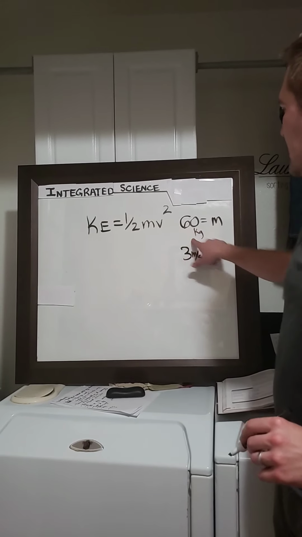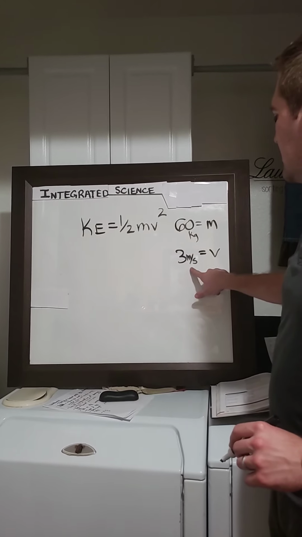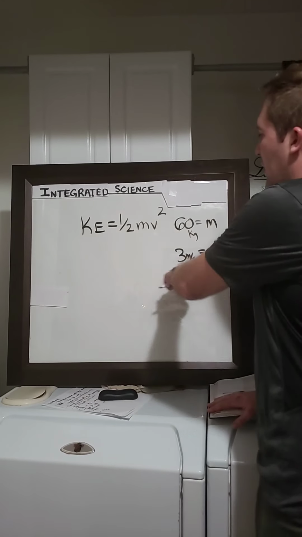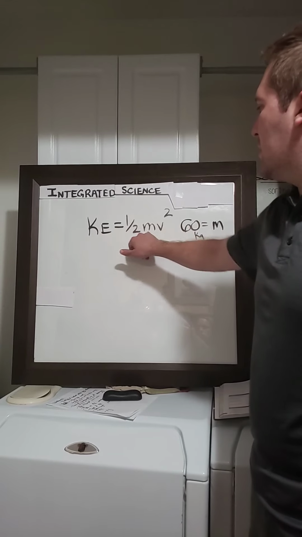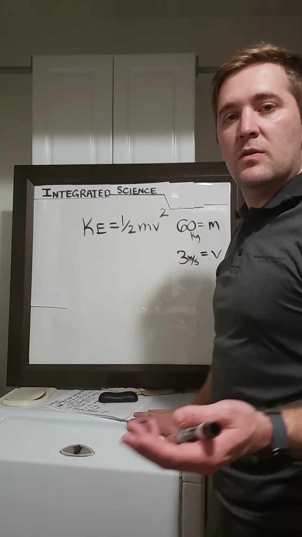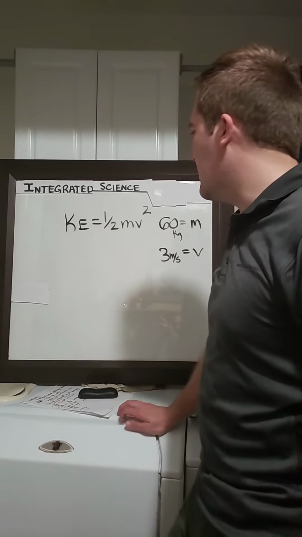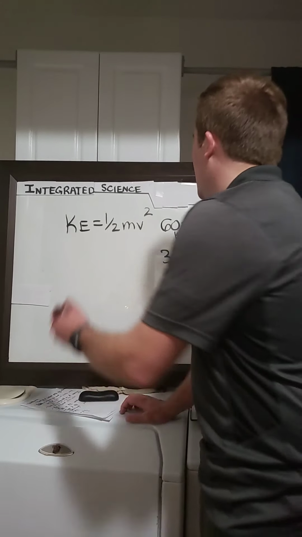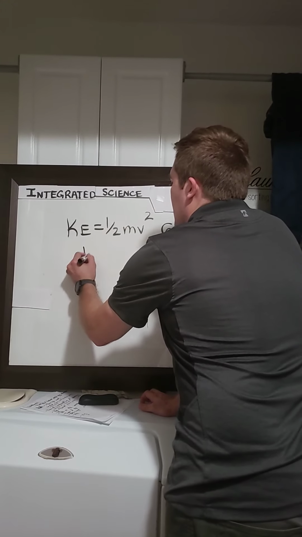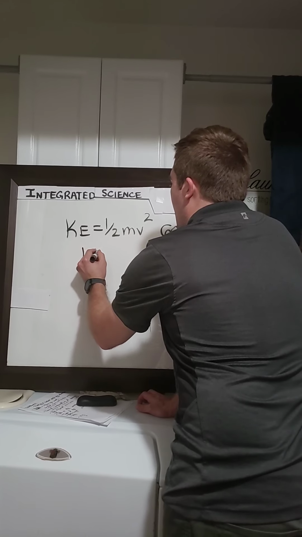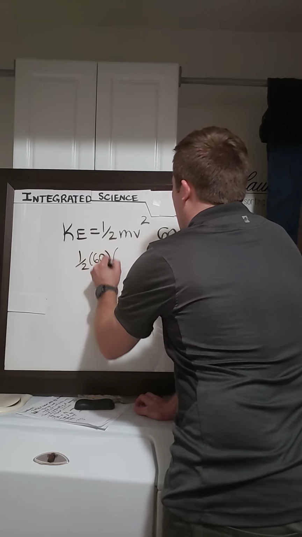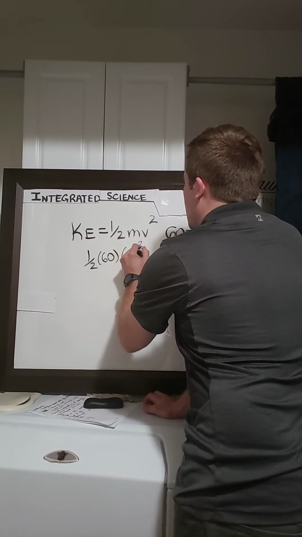Units for mass is in kilograms, units for velocity is in meters per second. So all we have to do is plug it in. They'll just always give us 2 of the 3 or 3 of the 4, and then we just have to solve for 1. So putting it in here, half the mass, which is 60, times 3, which is the velocity, squared.